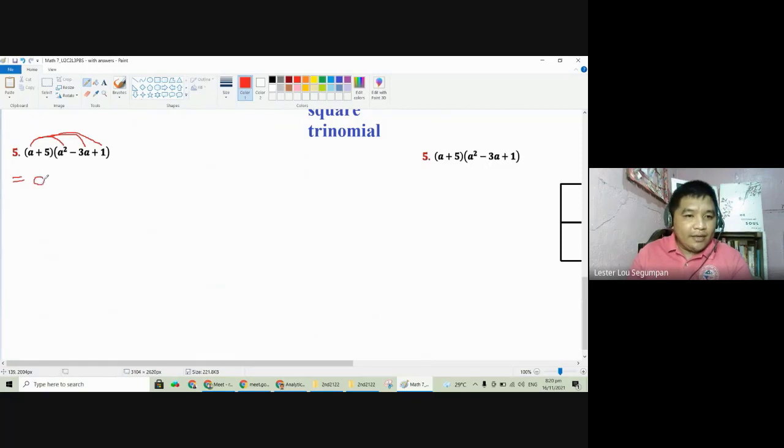So you have a times a squared plus, next, a times, take note of the sign, negative 3a. Next, plus a times 1. This is the result when we distribute the first term of the binomial.